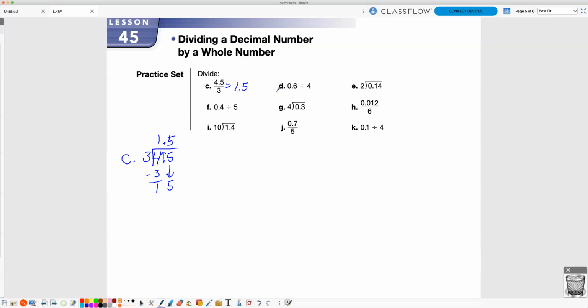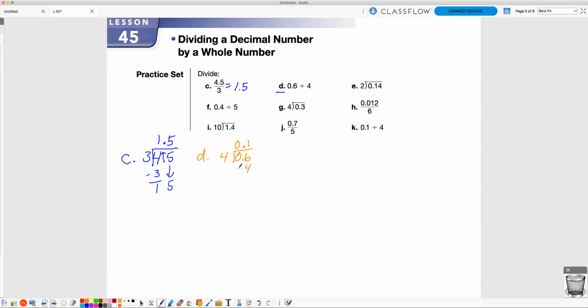All right, go ahead and do letter D, 6/10 divided by 4. For letter D, this is 6/10 divided by 4. Decimal comes straight up in the answer. 0 divided by 4 is 0. 6 divided by 4 is 1.